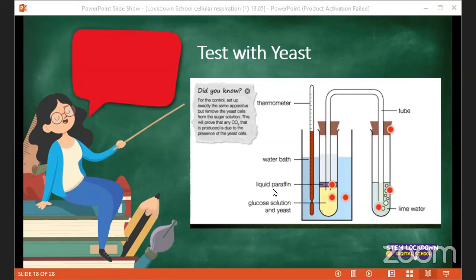So, what do we have in this particular apparatus? We have a thermometer, and that is to measure the temperature. We also have the water bath, and we're basically measuring the temperature of the water bath.